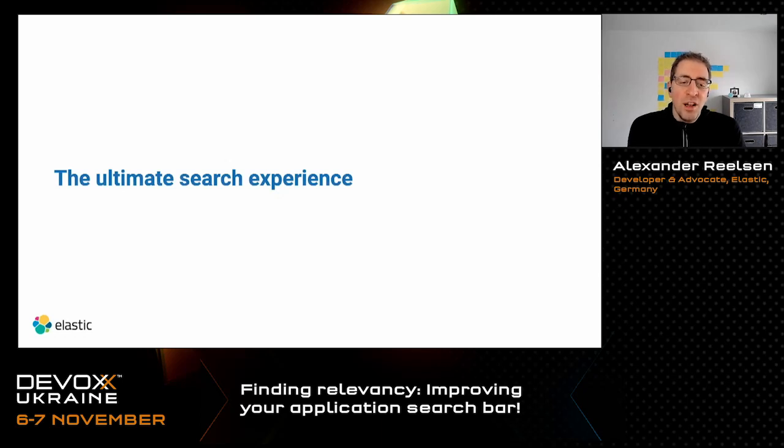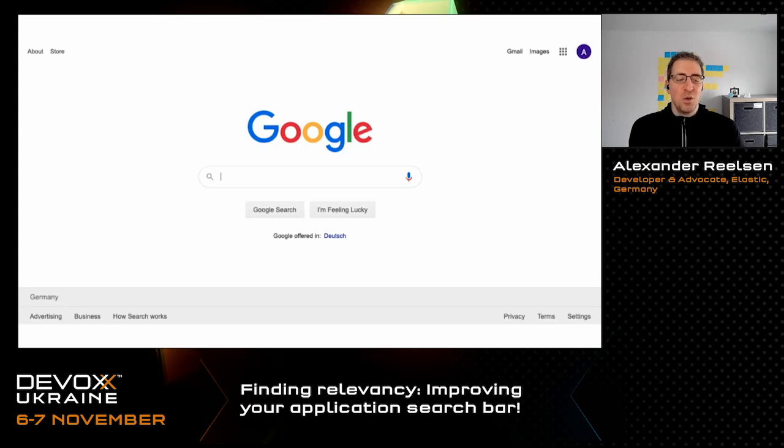So, what is the ultimate search experience? I think most of us already have a gold standard set, and it's this one: Google search. Google search is kind of the ultimate search experience. You go to google.com and all you see is a single search bar answering all your questions magically. And that is great, right?